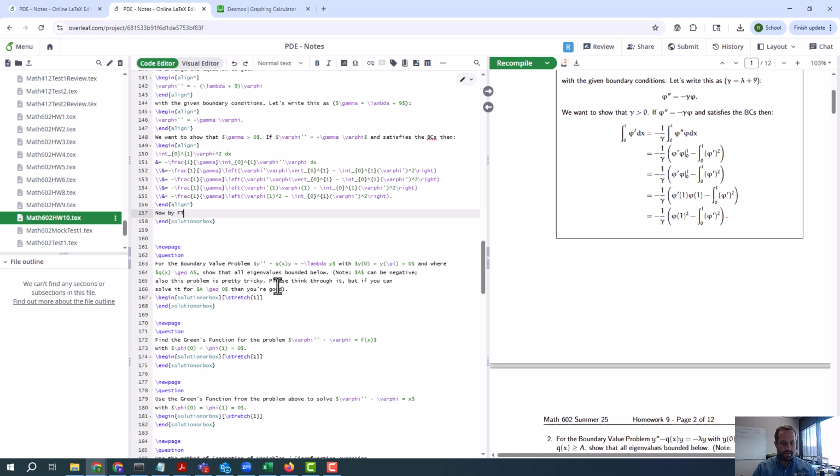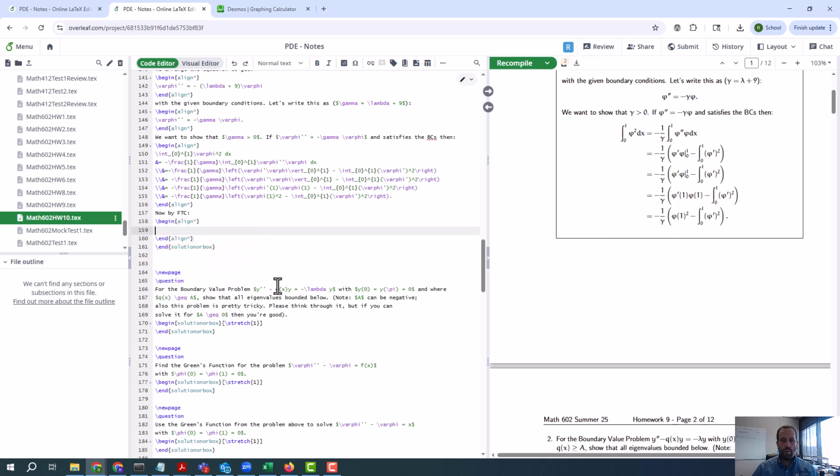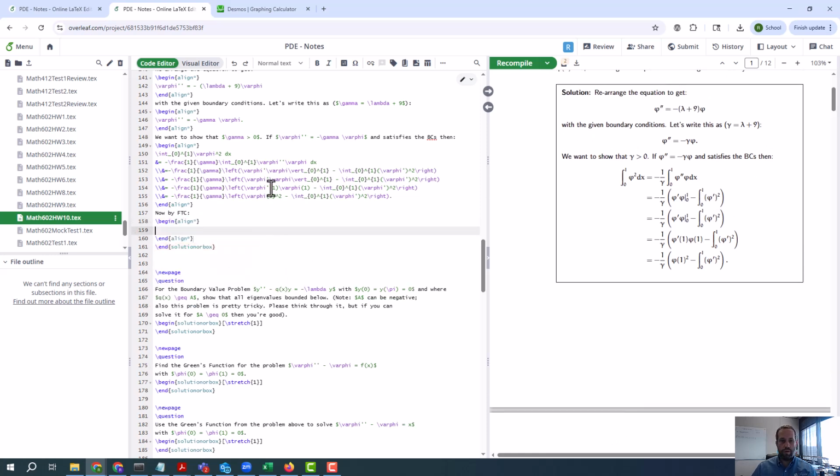By the fundamental theorem of calculus, so we know phi of 0 is equal to 0, so then phi of 1 is going to be equal to the integral. So it's phi of 1 minus phi of 0 is going to be equal to the integral from 0 to 1 of phi prime.